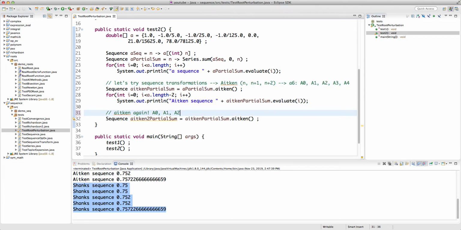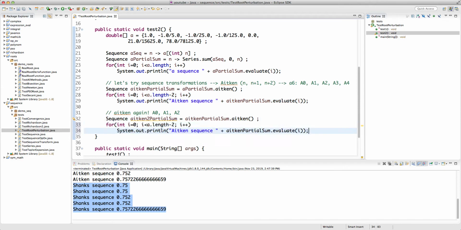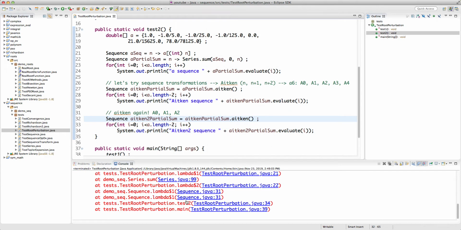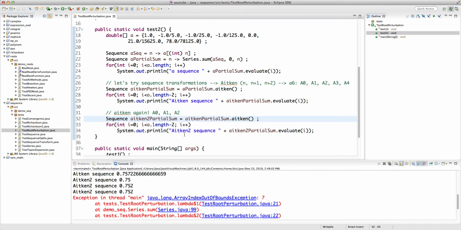So we can go to 2, and let's see what happens here. So we are using the second order Aitken, or applying Aitken twice, Aitken2. Array index out of bound.